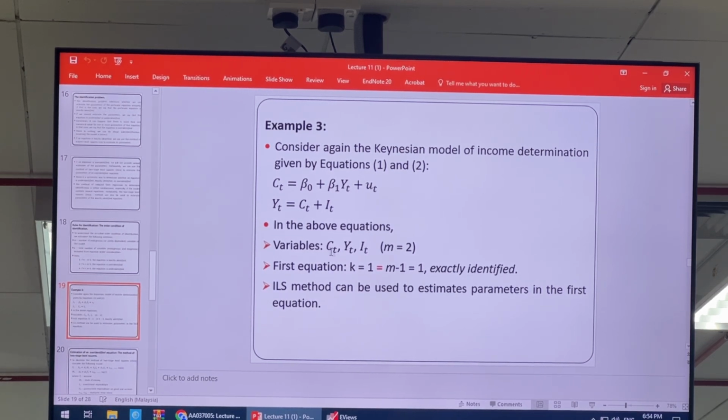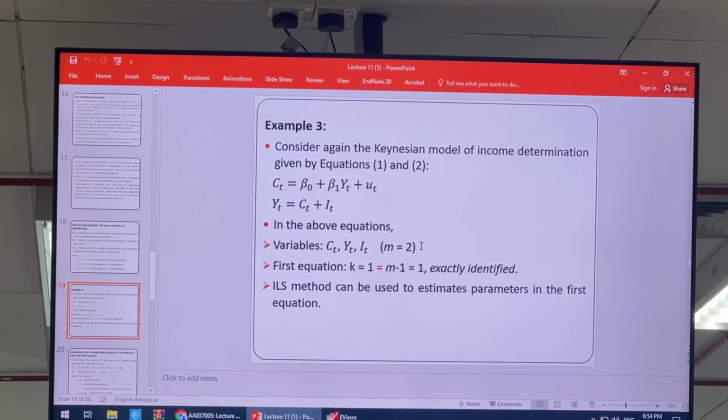Out of the three, two are endogenous, which are CT and YT, so M equals 2, because only two of them are endogenous. IT is exogenous.